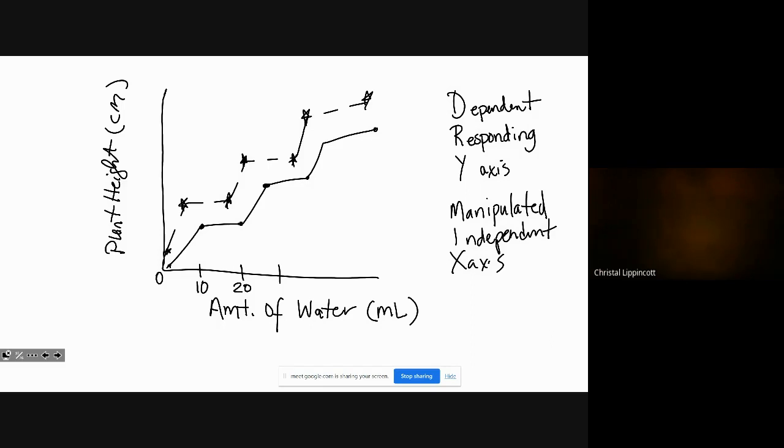And then I need to provide my reader a legend. So I could go this, or I could put dashed lines, dots, solid line. This is plant A, and this is plant B. Okay, makes sense? So those are the types of things that I'm looking for when I'm grading your graphs in here. We always use line graphs in here. We never use anything else.